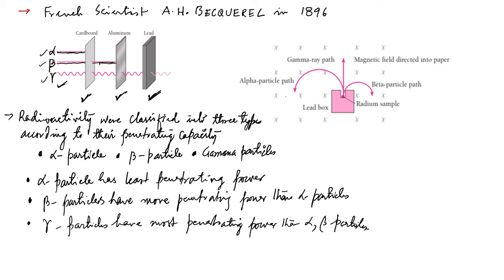So the first categorization is that among alpha, beta, and gamma particles, the more energetic is the gamma particle as compared to the alpha and beta.